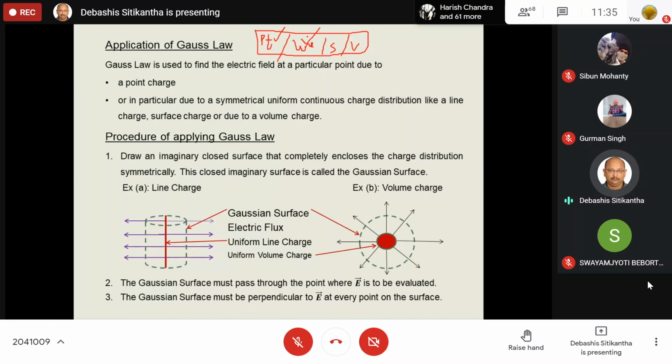For that, over here, I have introduced one subsection, procedure of applying Gauss law. So if you want, please note it down because in the book it is not written. So I hope you all are happy with your pen and paper. Just note it down. Instead of drawing the diagram, please note down the points. This is very important because in the book it is not given.